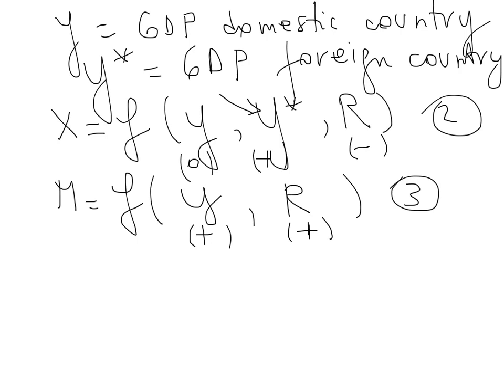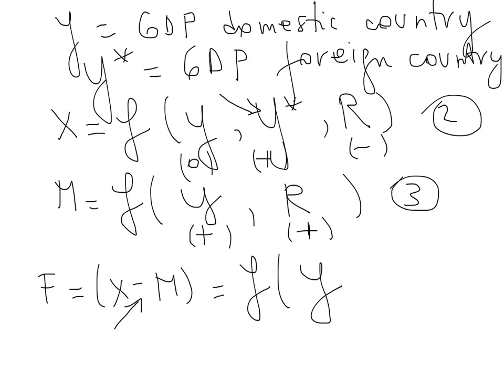And finally, net exports, X minus M, is going to be a function of these factors. Now this minus sign here is going to play a role in the factor signs. Because we have a minus here, Y is going to have a minus sign. Because of this minus sign, we change this sign from plus to minus.